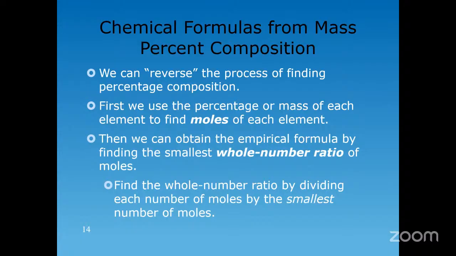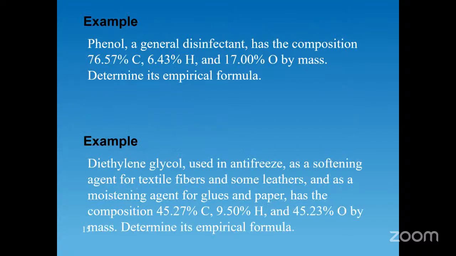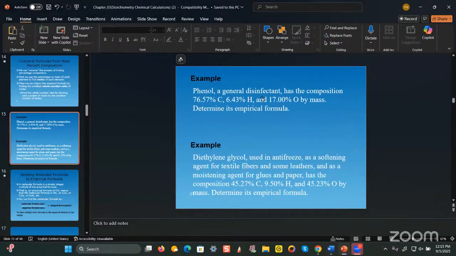And then the next step is that you convert it to moles for each of them, and then you look at the mole ratio between the different elements present, and that would lead you to the empirical formula. So that's basically an overall description of the process. And the best way to learn it, of course, is to go directly into an example. So let's look at this example right here.